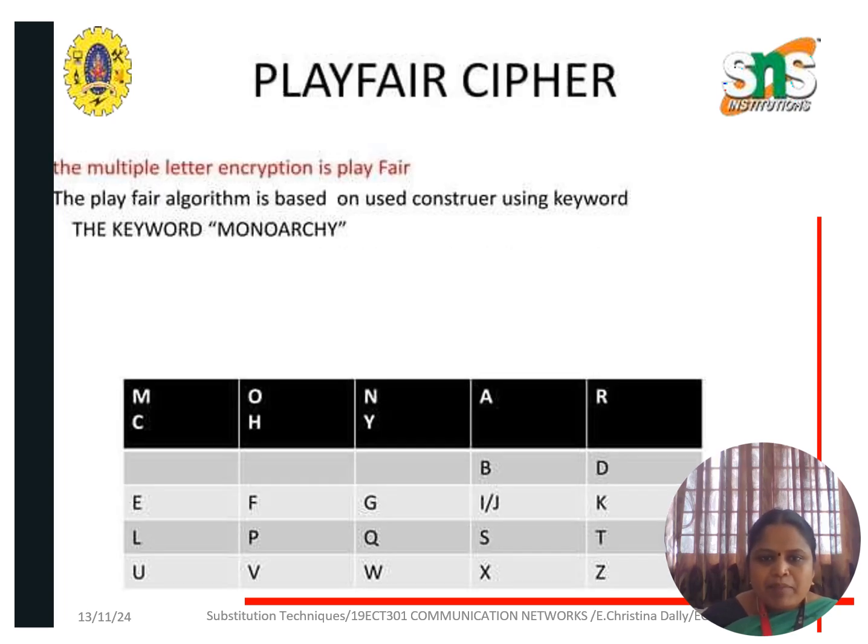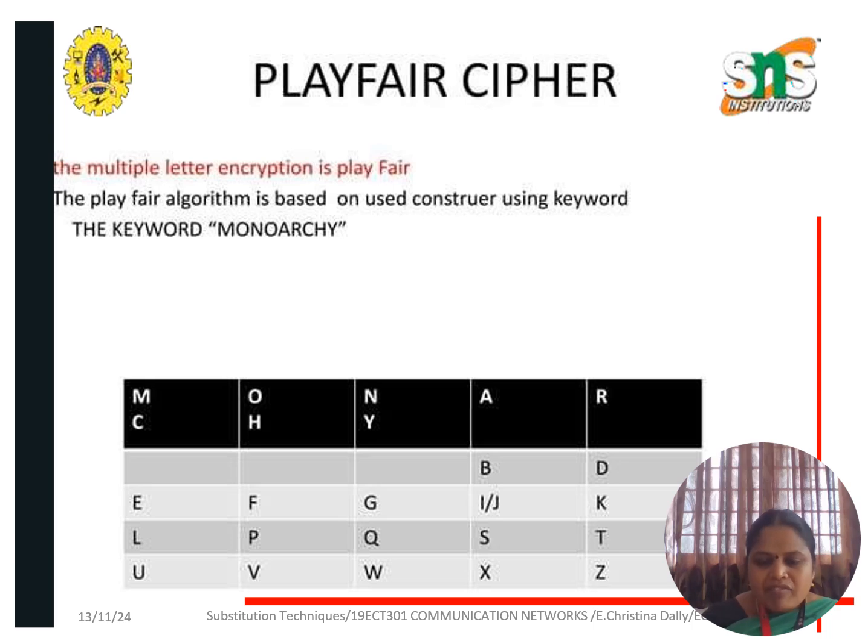The next one is the Playfair cipher. The Playfair algorithm is based on the keyword monarchy. We write the letters M-O-N-A-R-C-H-Y, and below that we write the remaining alphabet. The letters not present in monarchy are filled in.